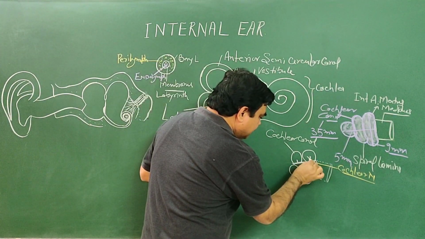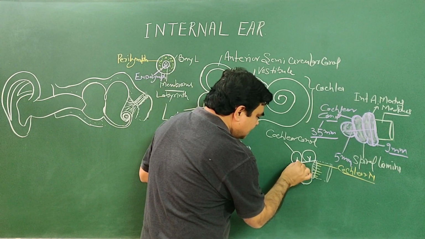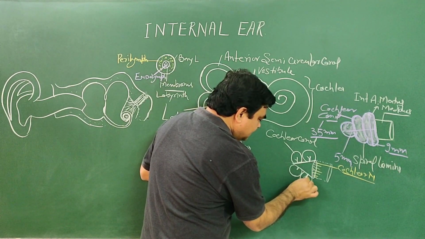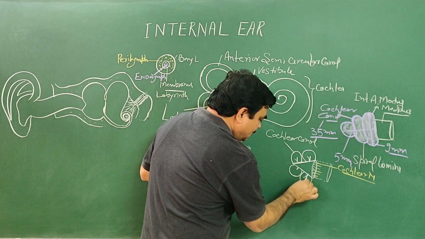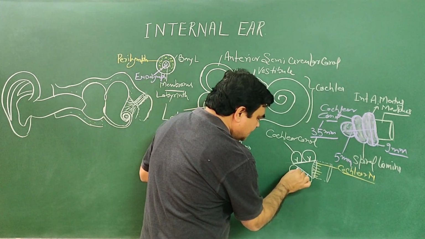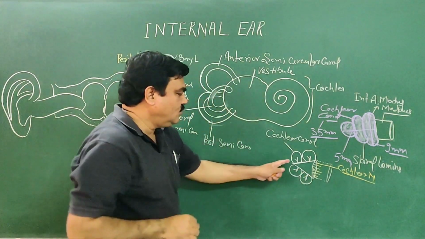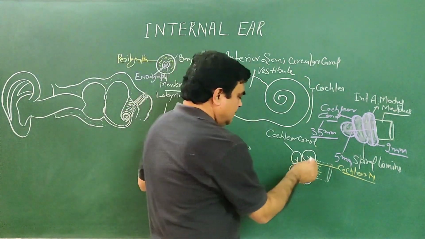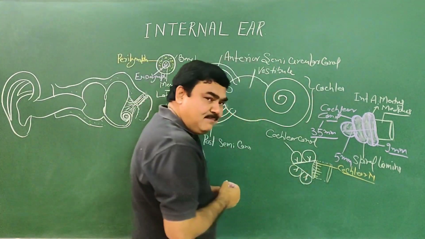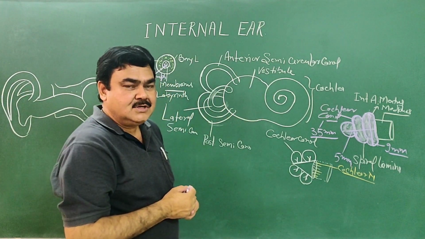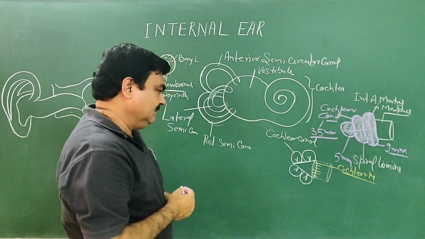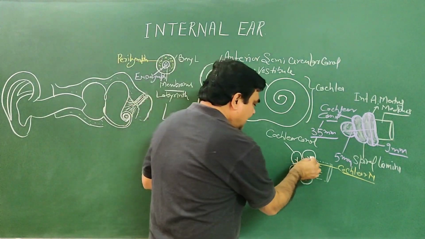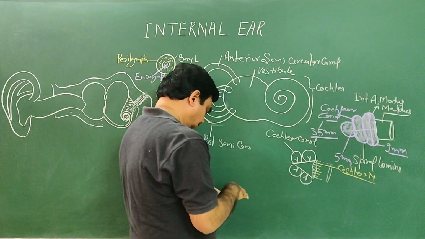This spiral lamina divides into two lips. These are the two lips. One lip is the tympanic lip and the other is the vestibular lip.